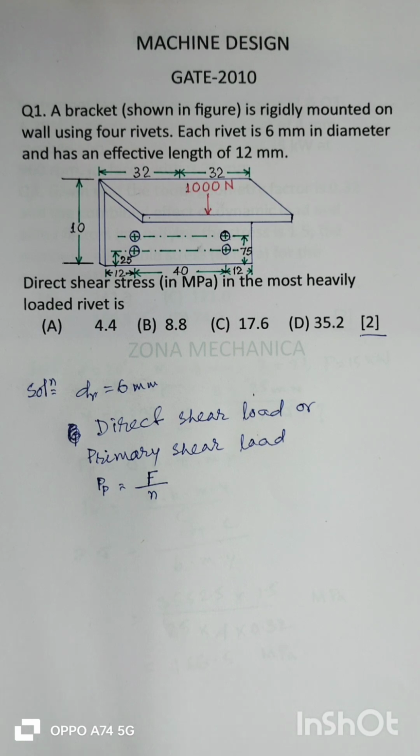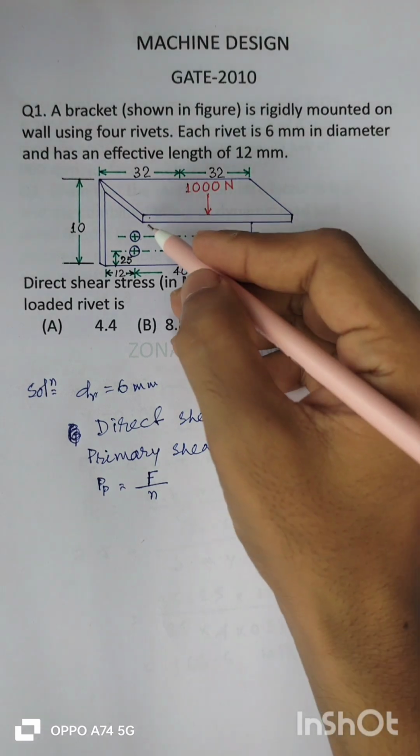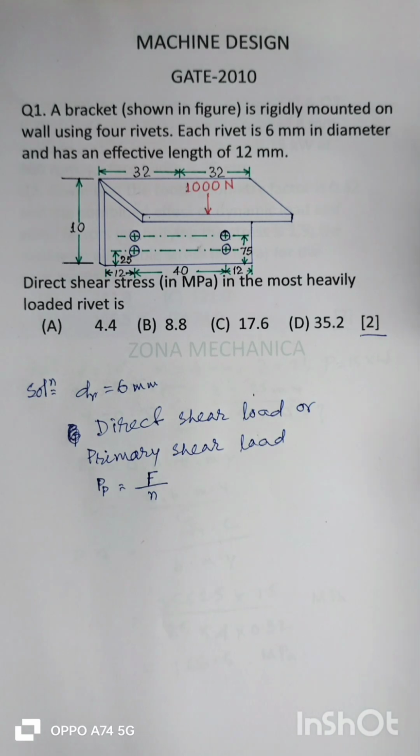Whichever may be the most heavily loaded rivet, it will carry same or equal direct shear load to that shared by other bolts. That means each of these 4 rivets will be sharing same direct shear load.